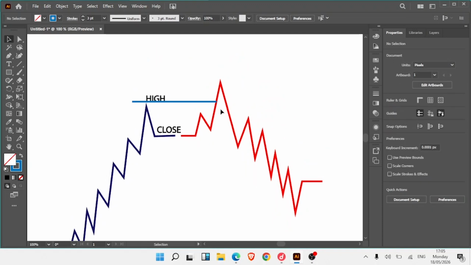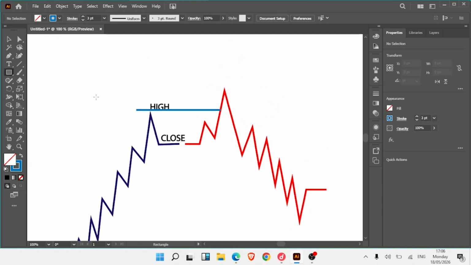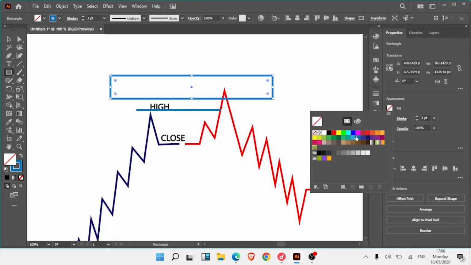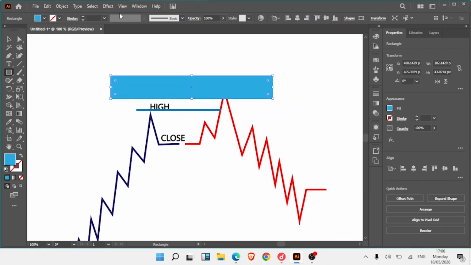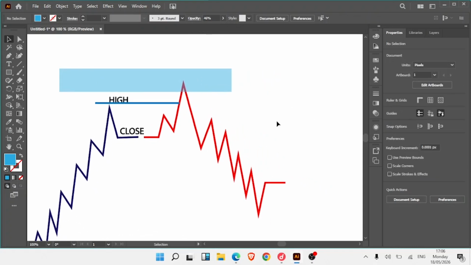Now as price is sweeping this, the second confluence that you need is price tapping into an area of value in the higher time frames. This can be anything: a fair value gap, an order block, a breaker block, or an inverted fair value gap. I primarily love using fair value gaps or inverted fair value gaps.